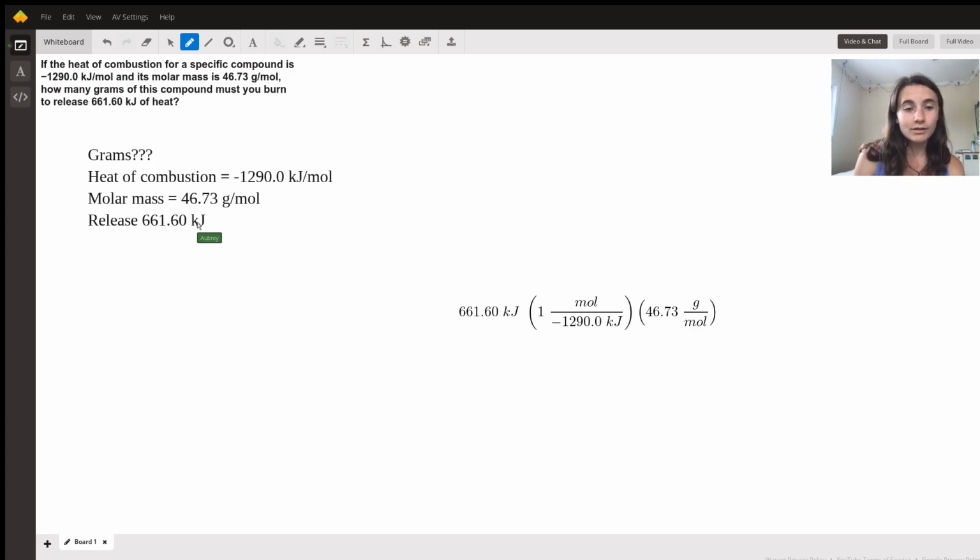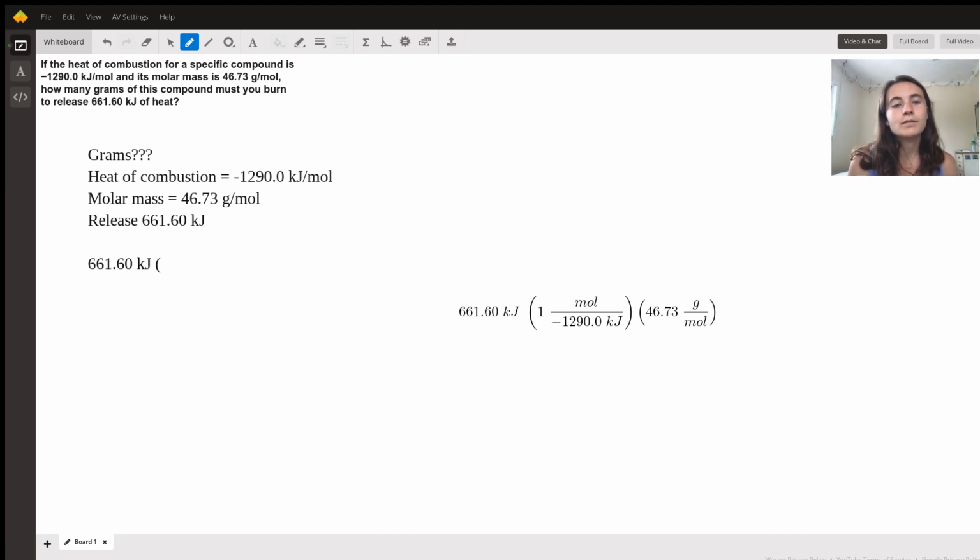So what only has one unit? 661.6 kilojoules. All the others have 2 units: kilojoules per mole, grams per mole. This one just has one, so we're going to start with that. 661.60 kilojoules. Now we want to match it and cross it out with something else that has kilojoules. So what else has kilojoules?